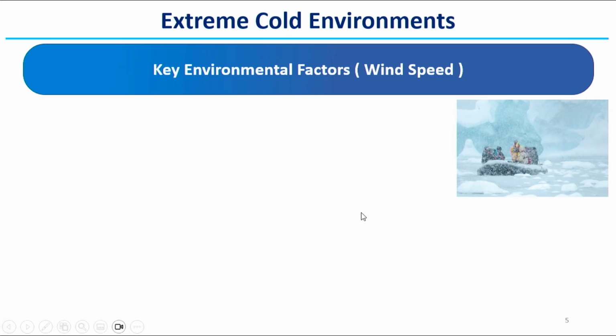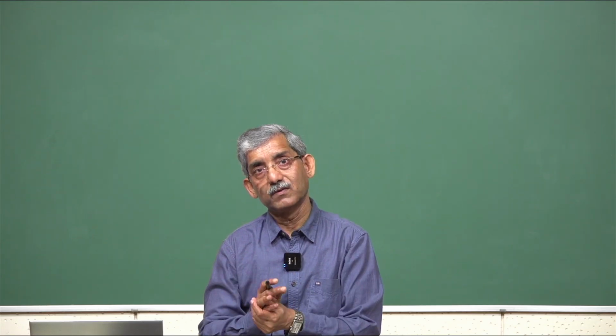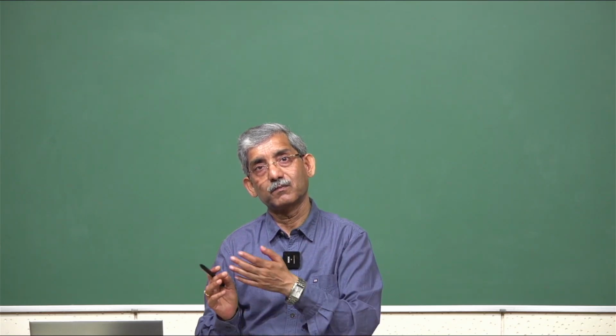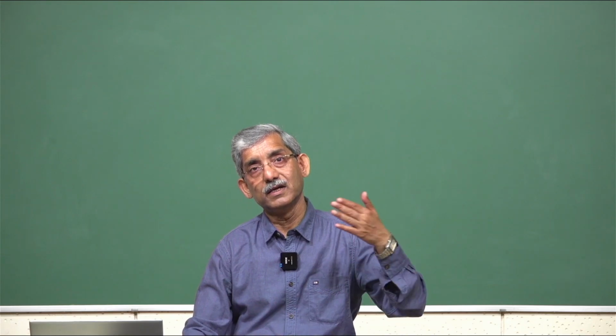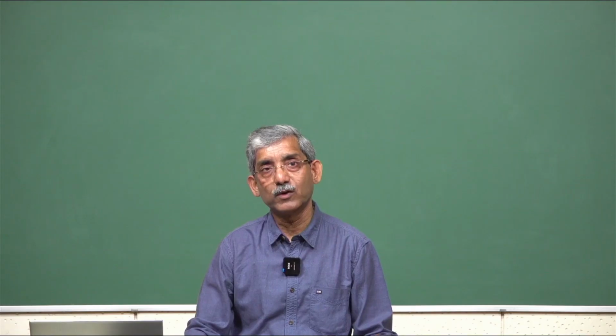Now, coming to the wind speed, in extreme cold conditions, wind greatly intensifies the convective heat loss and speeds up body cooling. When in extreme cold the wind starts blowing, it will take our body heat through convection, and the body cools down very quickly.